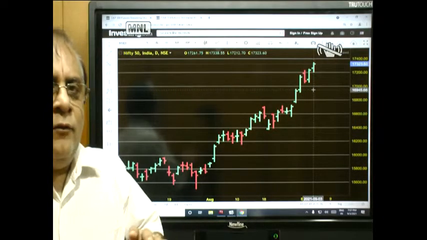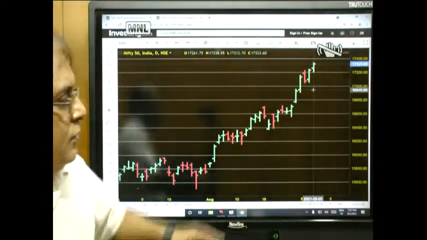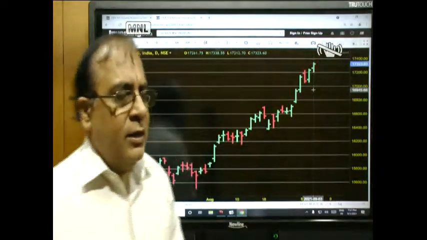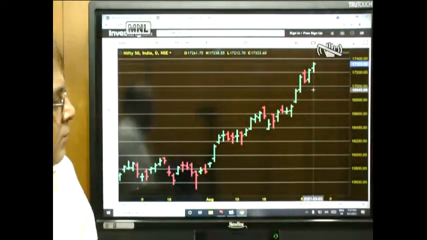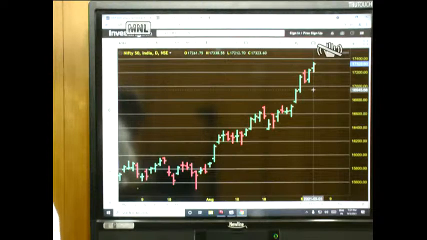So 38 points is based on this. You can use either this, or you can look at this particular thing. You can use whichever way you want. 16,162, and this is 16,376.